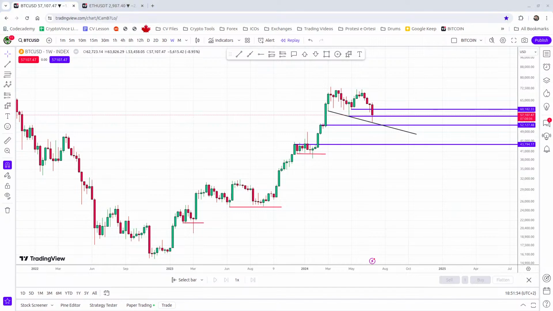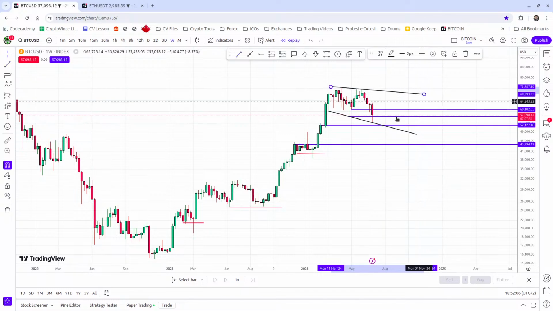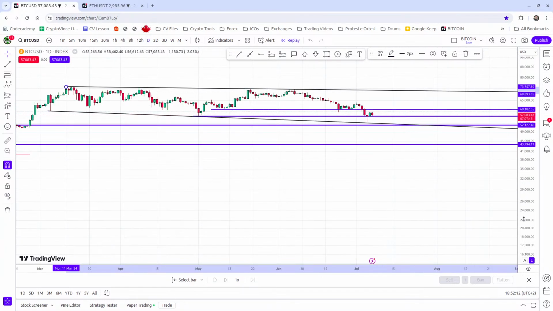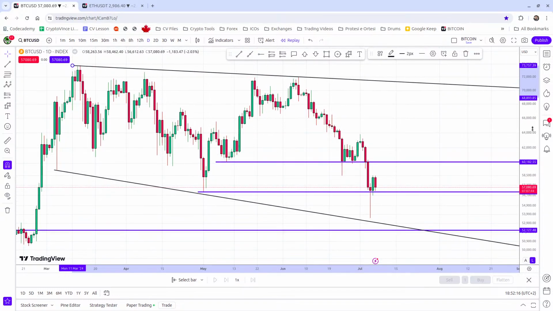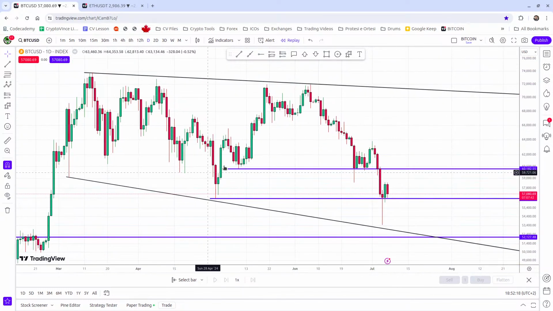So let me close Telegram. This is almost flat, but yeah, more a broadening wedge. So let's go check closer, because we have more idea what's going on in the lower time frame.